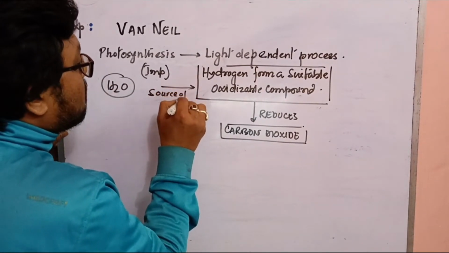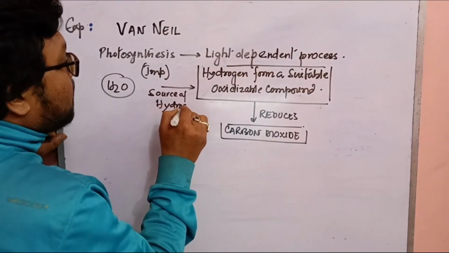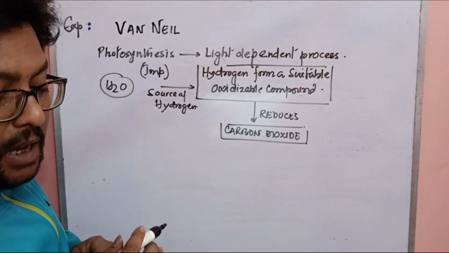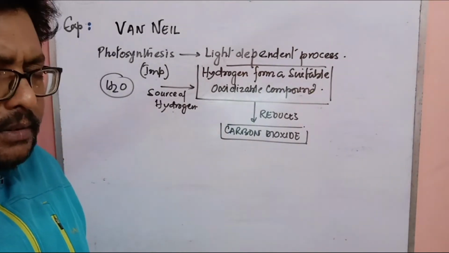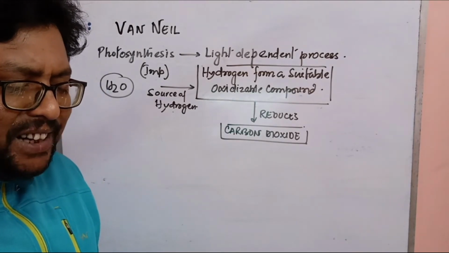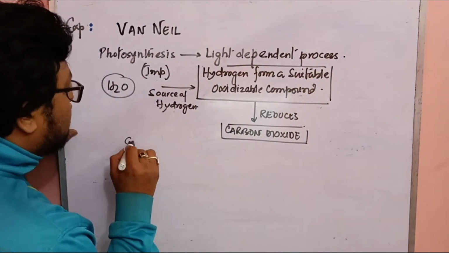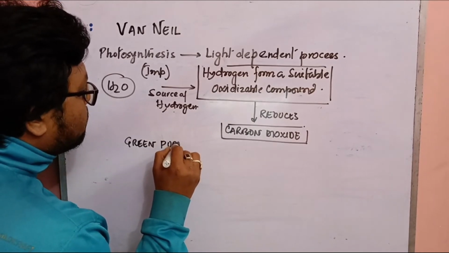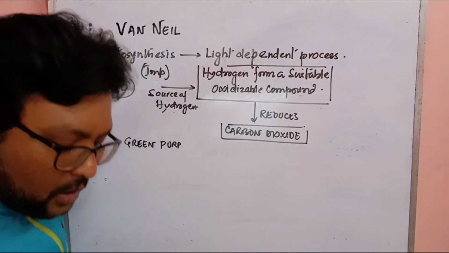Now the source of this hydrogen is H2. So basically he performed an experiment. He took green sulfur and purple sulfur bacteria, not green purple.